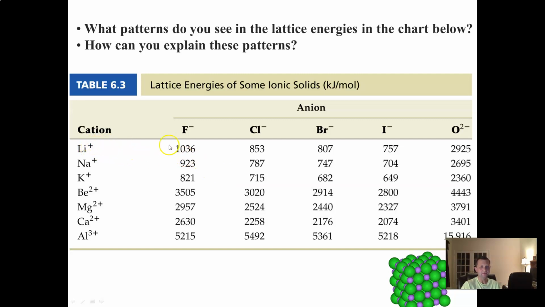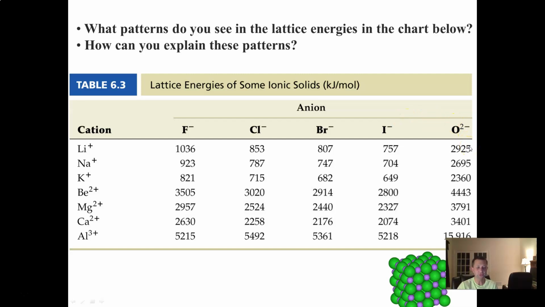Let's look at lithium fluoride, 1,036. Lithium chloride, 853. Lithium bromide, 807. Lithium iodide, 757. Lithium oxide, almost 3,000, 2,925. So there we go again. We have Li plus 1 with negative 1, negative 1, negative 1, negative 1, then negative 2, a big jump.